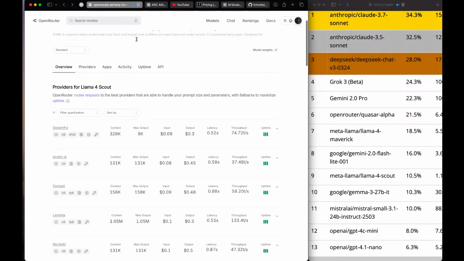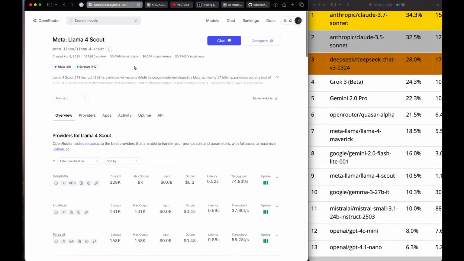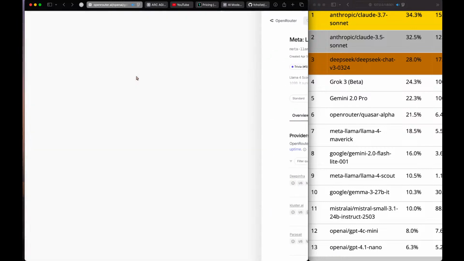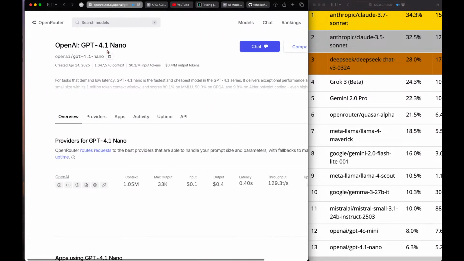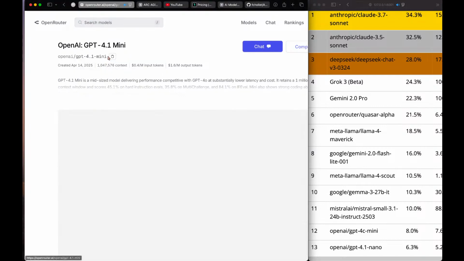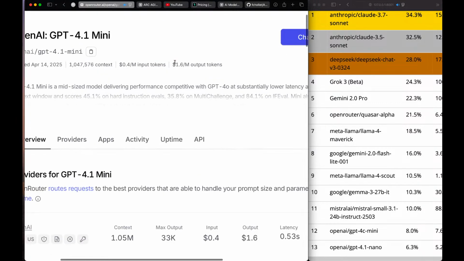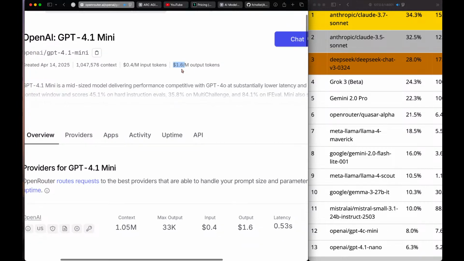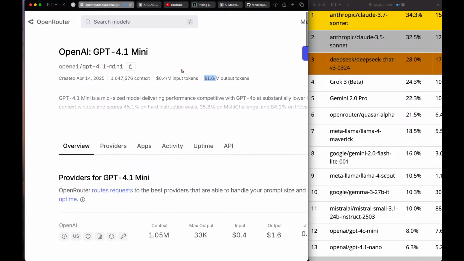They have actually priced GPT 4.1 mini above what they should. This $1.6, it's actually very steep pricing. They shouldn't have done that.